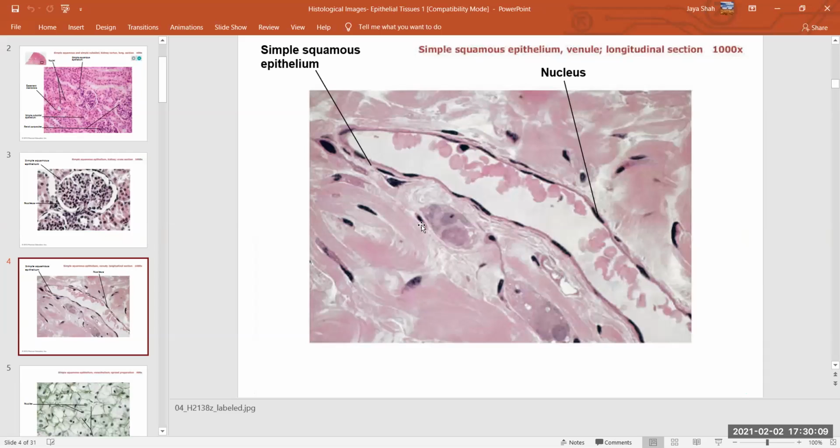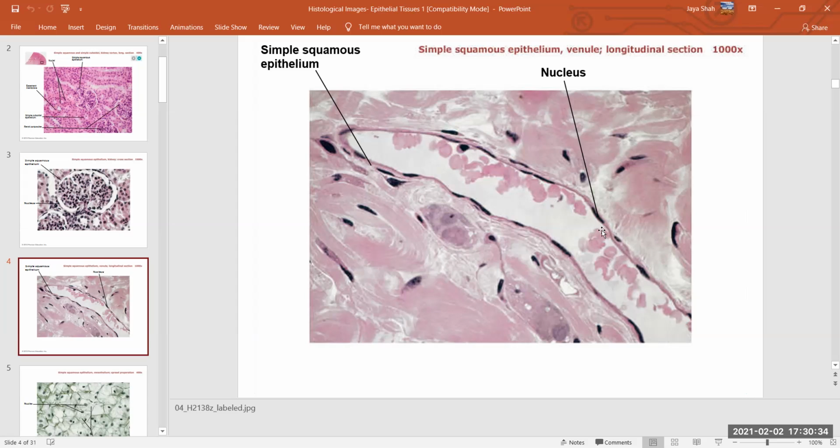Next, 1000 magnification of a venule. In a small vein, the wall is a single layer of cells, and they are simple squamous. You see the nuclei, and here will be the basement membrane.